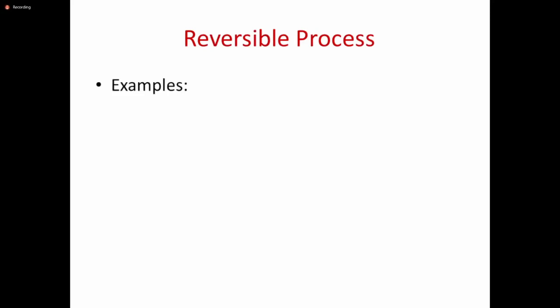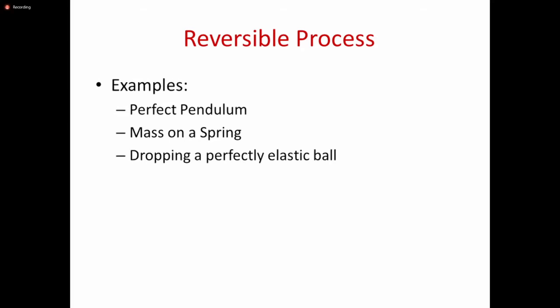What are the various examples of reversible processes? First, a perfect pendulum. Second, a mass on a spring. Third, dropping a perfectly elastic ball, it will jump. And the perpetual motion machine. A perpetual motion machine is basically a machine which violates the first law of thermodynamics and the second law of thermodynamics. It is a machine which is able to produce a continuous amount of work without consuming any amount of energy.